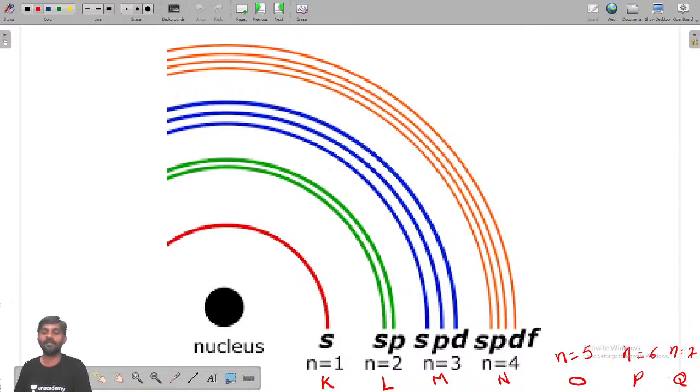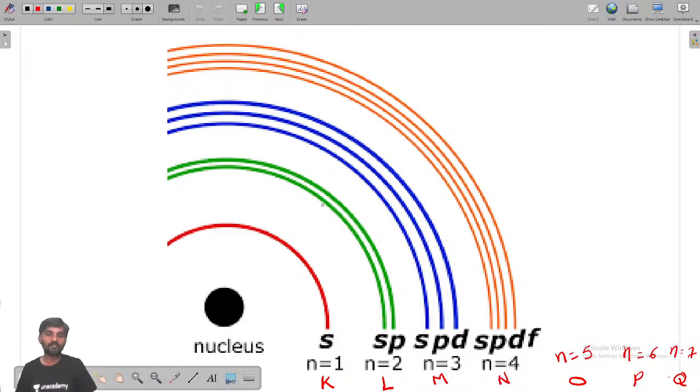So these are SPDF. Now look here: for n is equal to 1, how many L's, how many energy levels do you have? Only 1. For n is equal to 2, you have S and P, 0 and 1. This indicates subshells. For n is equal to 2 you have 2 subshells, for n is equal to 3 you have 3 subshells, and for n is equal to 4 you have 4 subshells.